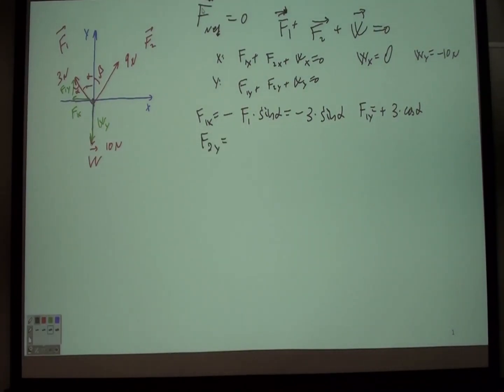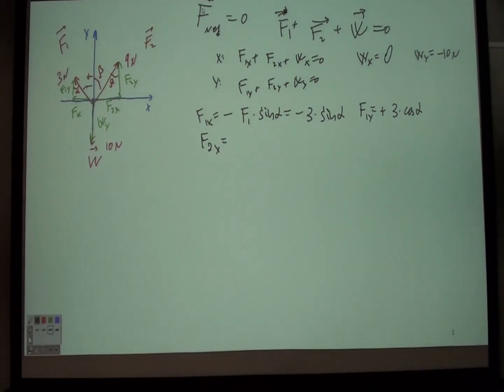F2y equals, well, I have to see the component before I calculate. I want to start from x again. F2x. I need an angle in the triangle, beta.